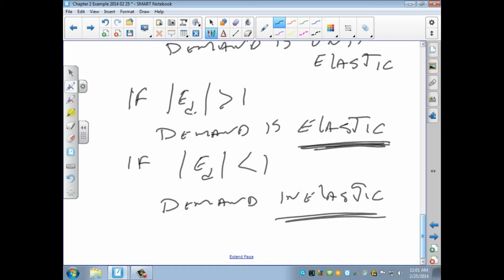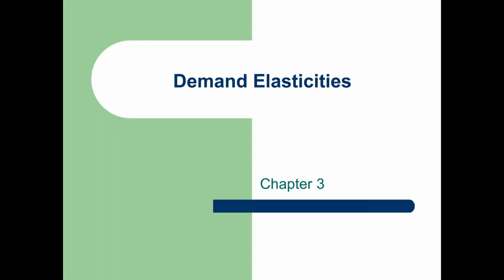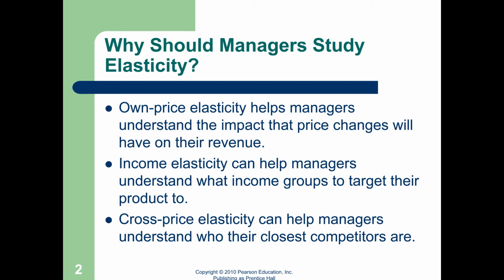So we're going to explore those things by looking at the slides we have. Okay, we go to elasticity, chapter 3. Okay, the first slide is saying, why should managers study elasticity, right? Again, the important thing is to understand, as far as the price elasticity is concerned, how do your consumers react to any price change that you're about to offer?